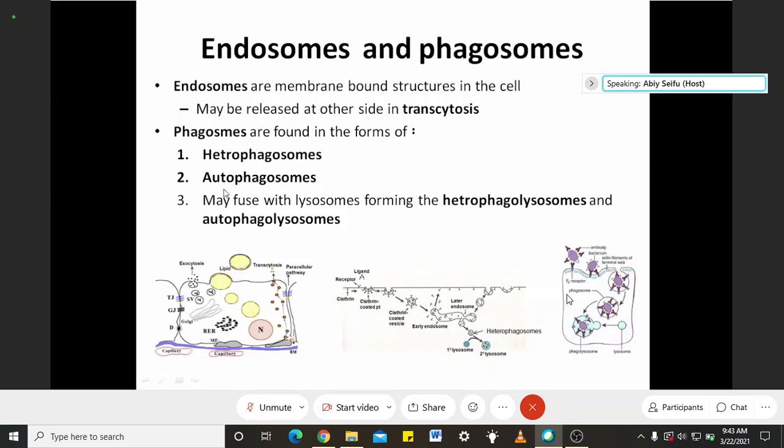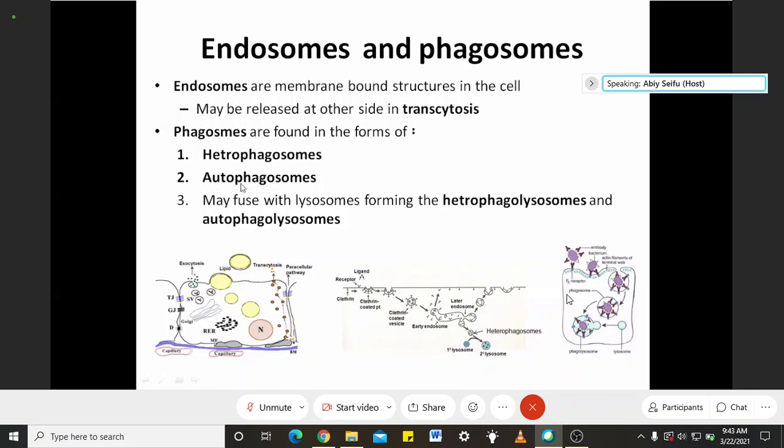Why do we have such autophagosomes? Maybe these are to be destroyed, maybe to be digested, maybe they are not needed, so that they are now wrapped by membrane and they are part of the cell itself, such as, for example, if part of the rough endoplasmic reticulum is aged or is required to be digested, it would be pinched off, surrounded by a membrane, and it would be taken to the lysosome.